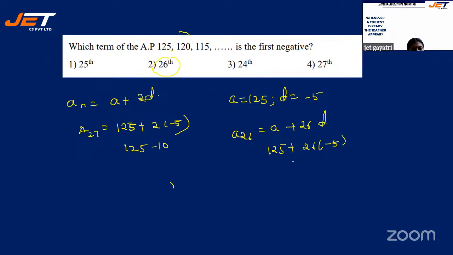So here you will be able to get the first negative. 5 6s are 30, 5 5s are 25, 11, 12, 13. Yes. So this is the starting range. So therefore your answer must be option 4.